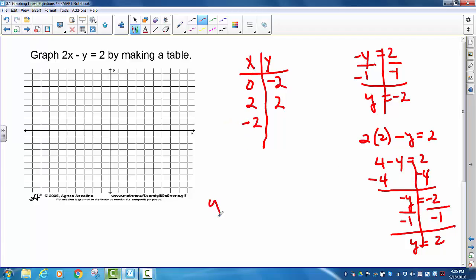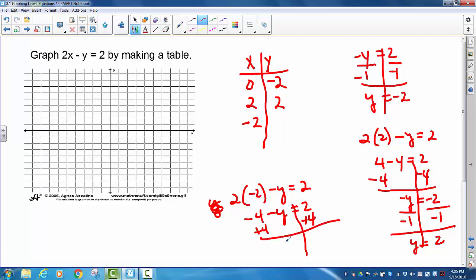So 2 times -2 minus y equals 2. -4 minus y equals 2. Plus 4, -y equals 6. Divide by -1, and you get y equals -6.